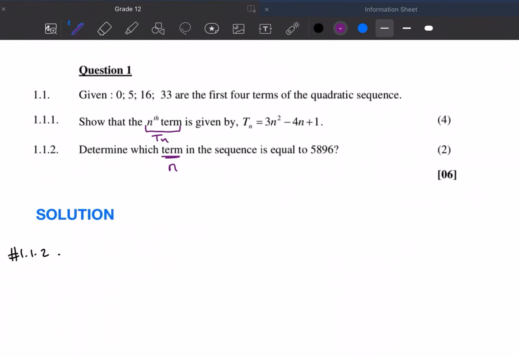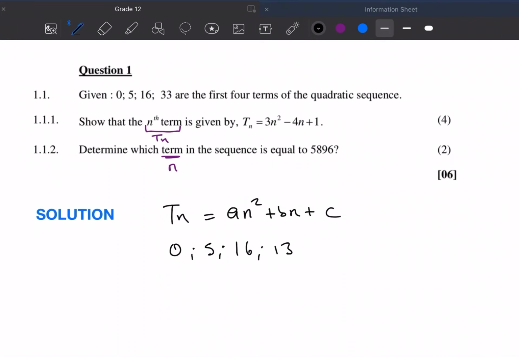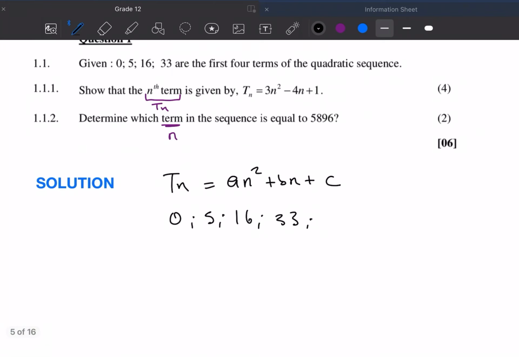Again, just a reminder, we know the formula of a quadratic sequence is Tn is equal to an squared plus bn plus c, and we were given the sequence 0, 5, 16, 33, and from this sequence we're able to derive the general term of this sequence, which is 3n squared minus 4n plus 1.